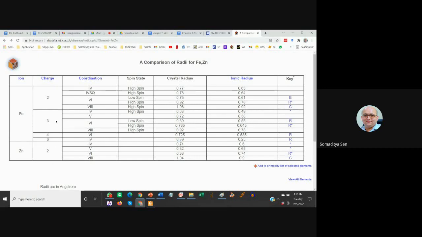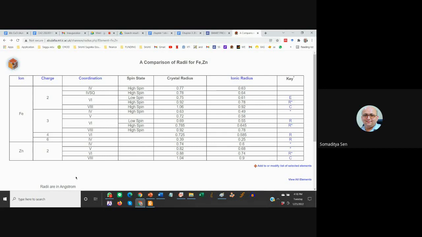What type of iron? Now, if I have a 2+ iron and it is in 4 coordination, the crystal radius is 0.77. If you want to replace zinc 2+ with iron 2+, this is quite good. But the ionic radius is a little larger. So what will happen?